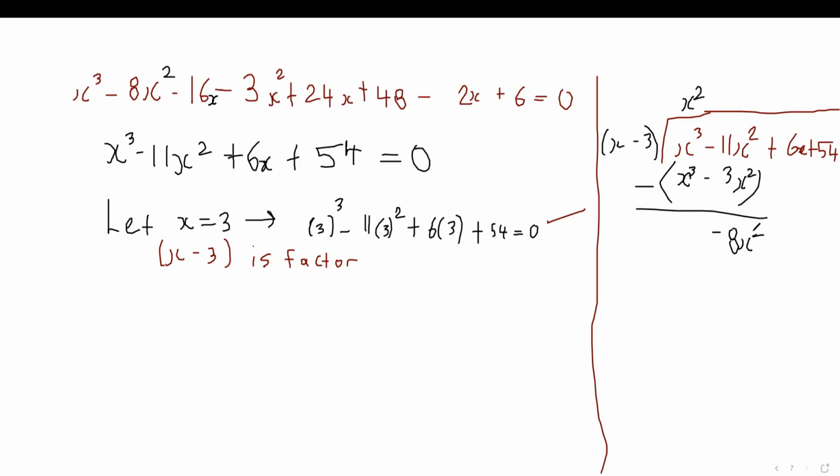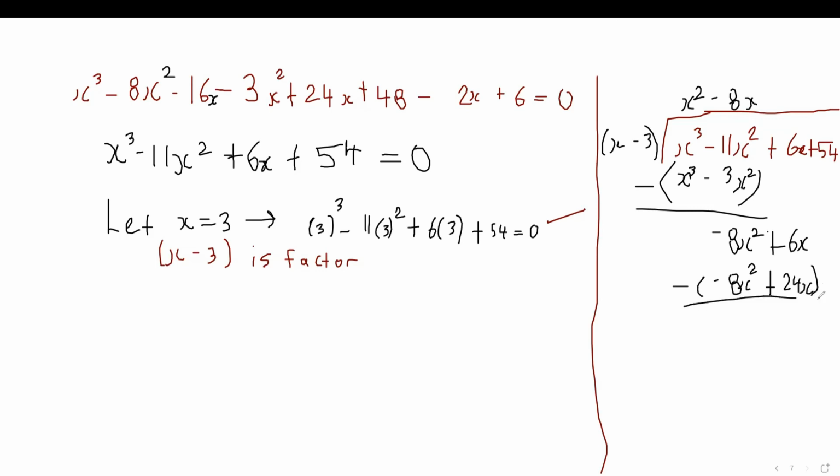Minus 8x squared plus 6x. So x into minus 8x squared is minus 8x. Minus 8x times x is minus 8x squared. And then minus 8x times minus 3 is plus 24x. And then we subtract.